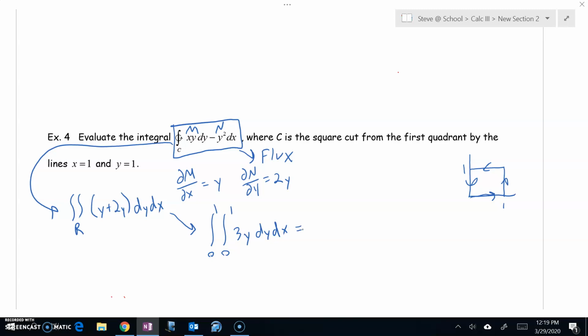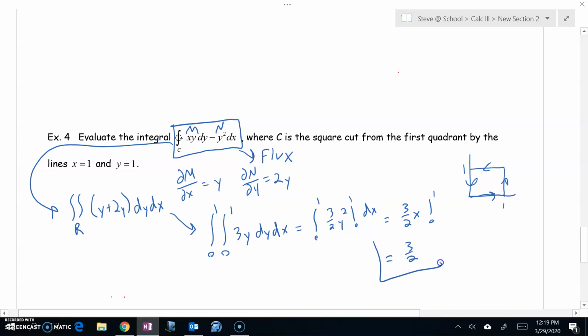So let's do some quick double integral. This is 3/2 y squared, which just turns into 3/2. So we get 3/2 x when you integrate it again, which means that the flux is 3/2. And that's it.